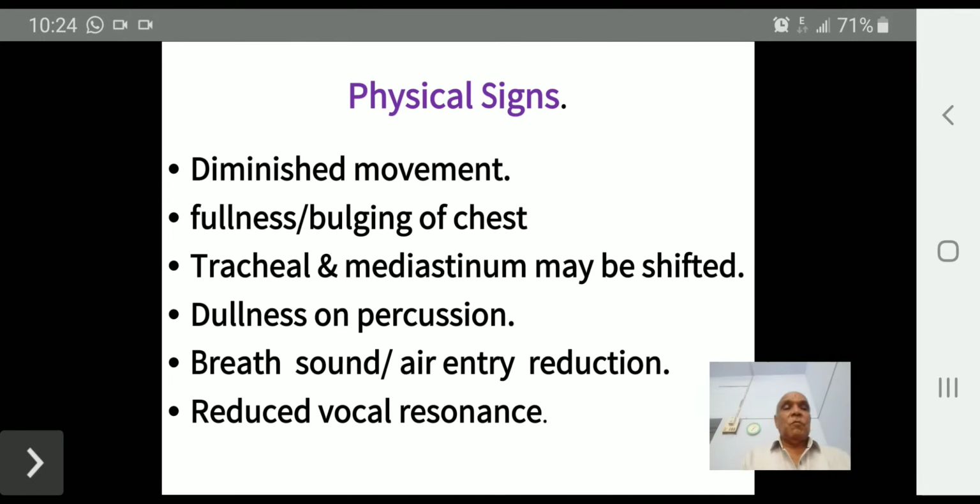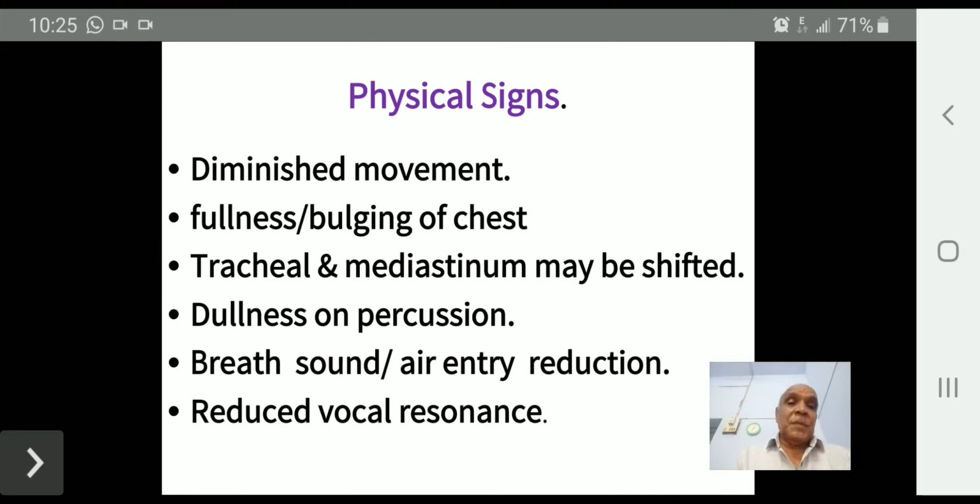Now we should examine the patient, with inspection, palpation, percussion, and auscultation. On inspection, in the case of effusion, there is fullness or bulging of the unilateral chest having the effusion. Movement is also diminished on the same side.